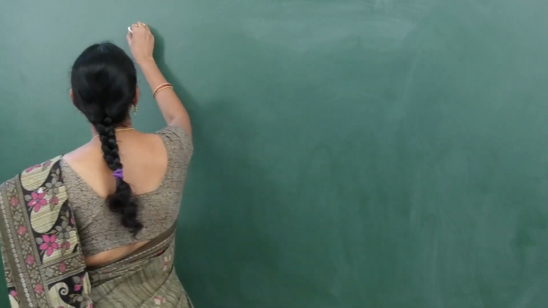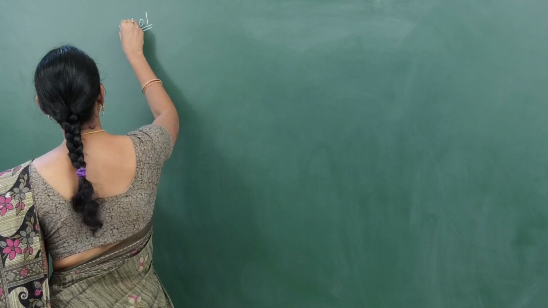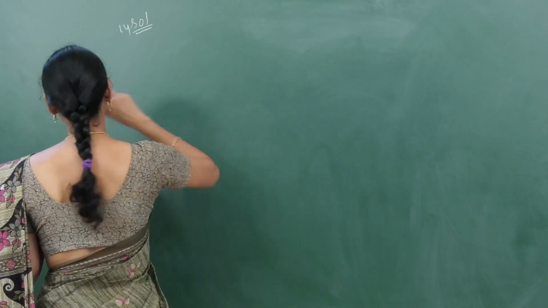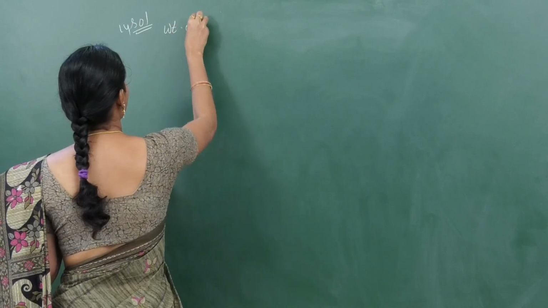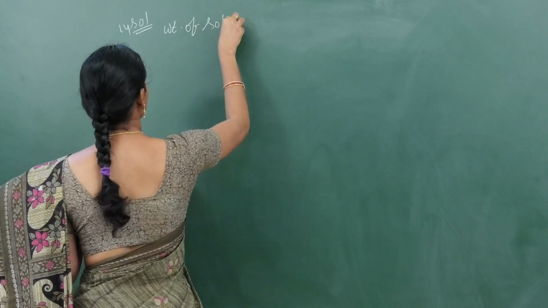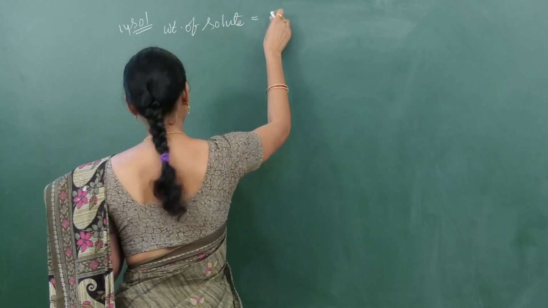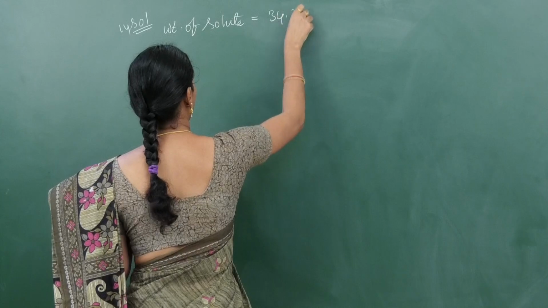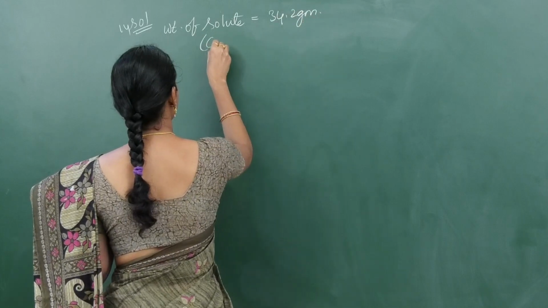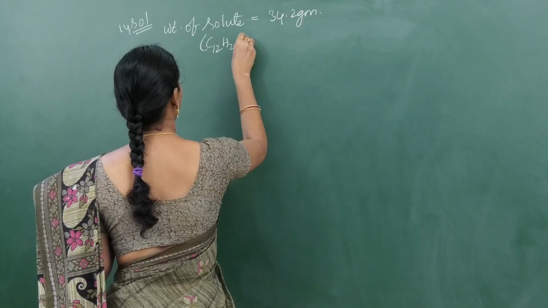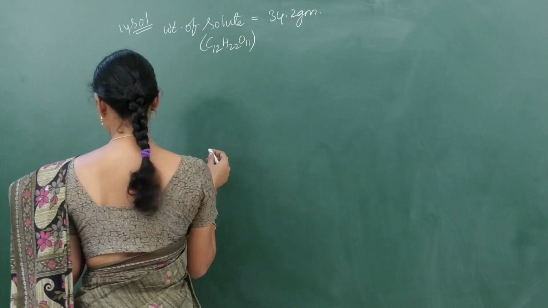So now you have to calculate, that is 14th question we are dealing with. Weight of solute was given, how much it is, children? 34.2 grams. The solute here is C12H22O11, that is sucrose, children.